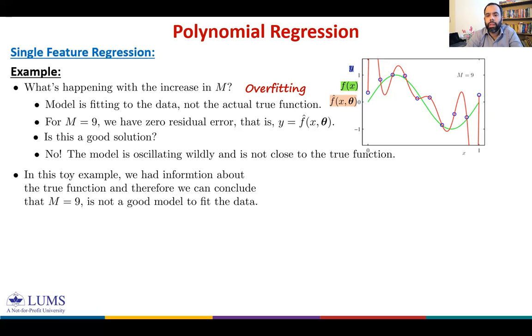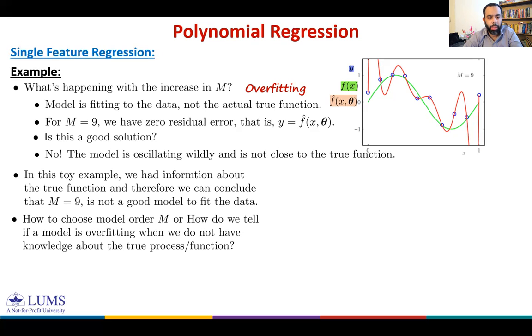How can we decide whether the model is fitting to the data or in fact capturing the variations of the process? So how to choose model M, or how do we tell when the model is overfitting if we do not have any information about f of x?